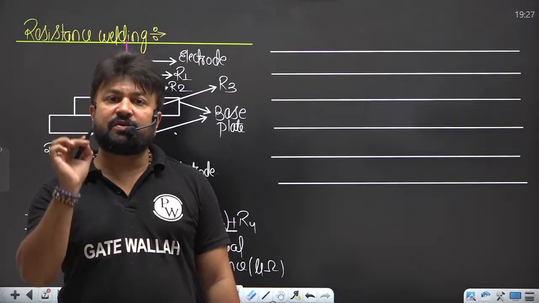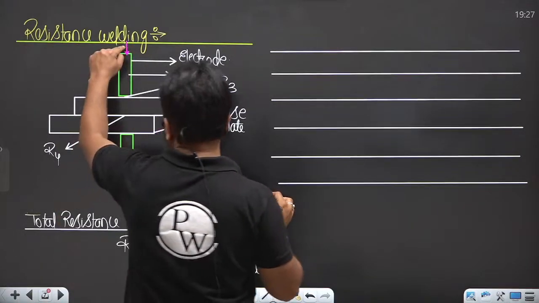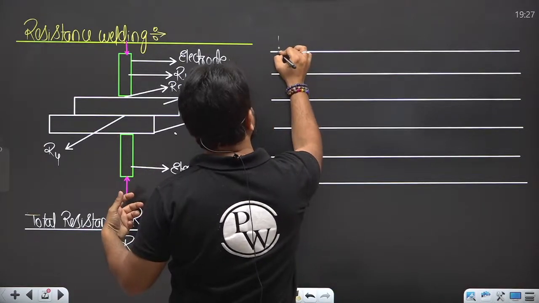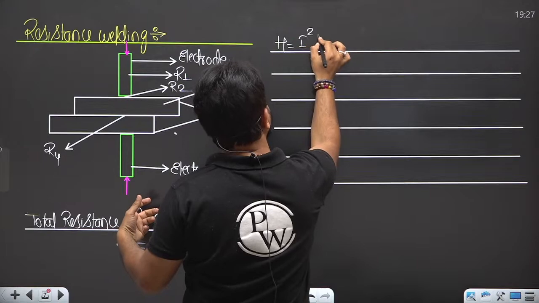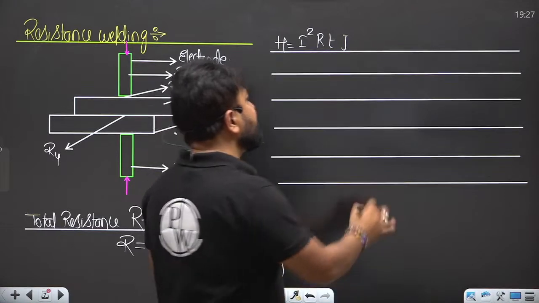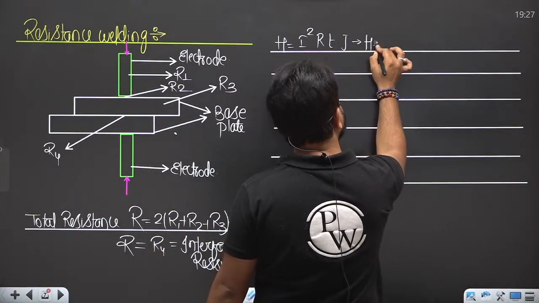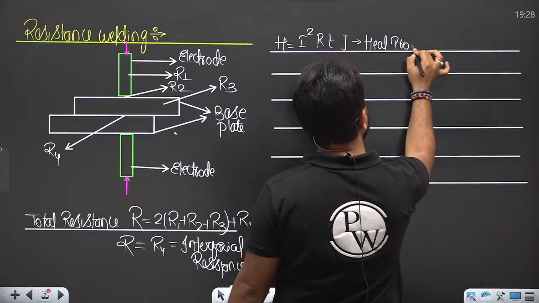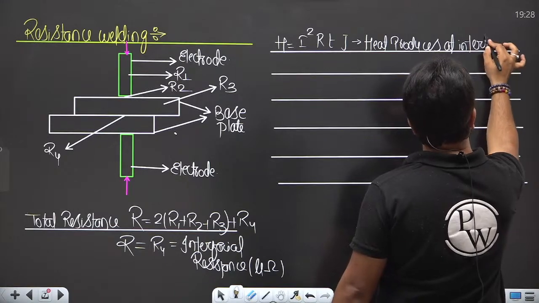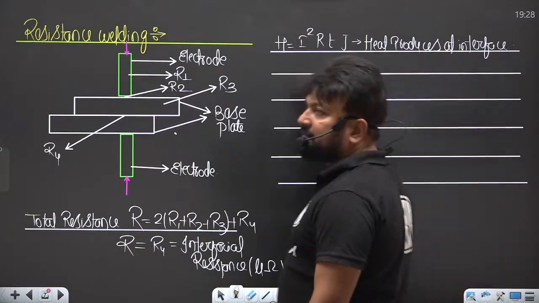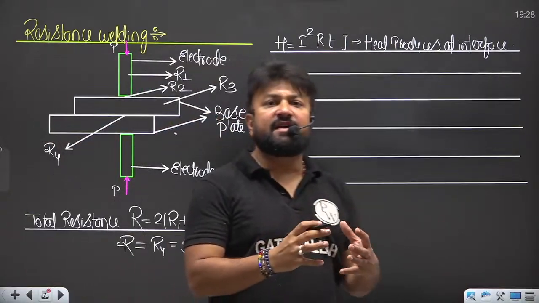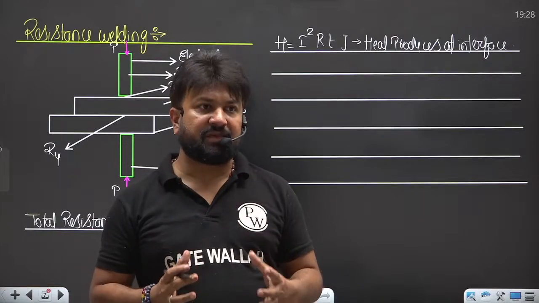Both heat and pressure are used, because we apply the pressure, and the heat produced at the interface is what matters. Along with that, we are applying the pressure. So both heat and pressure are used, right?